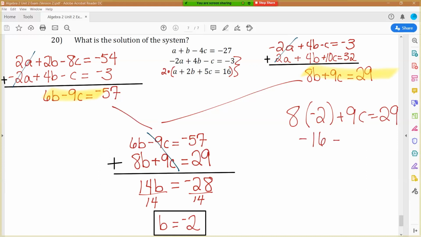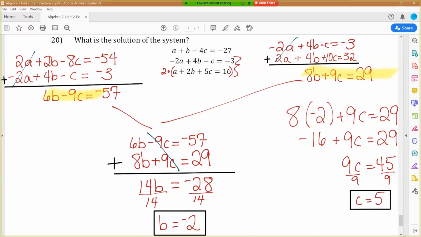So negative 16 plus 9c. Add 16 to both sides. Divide by 9. And c equals 5. So there's another point.